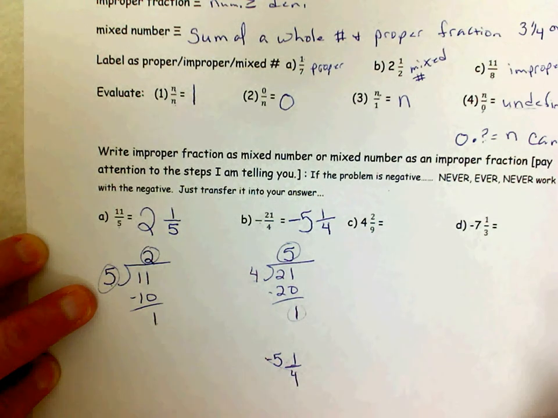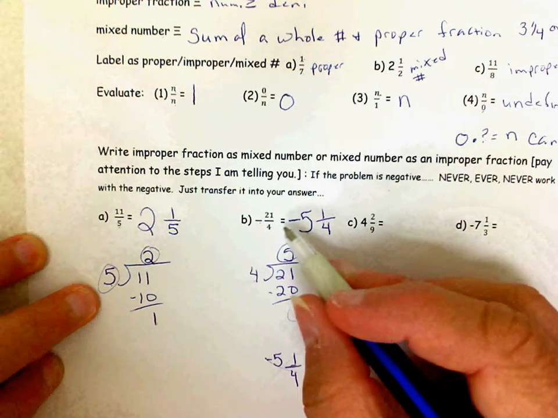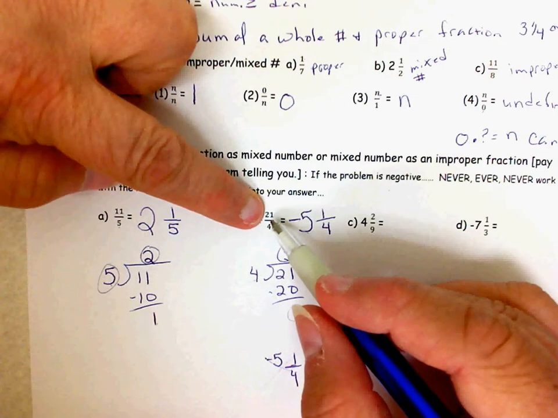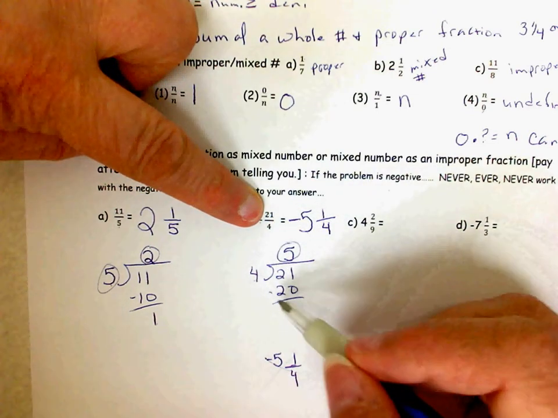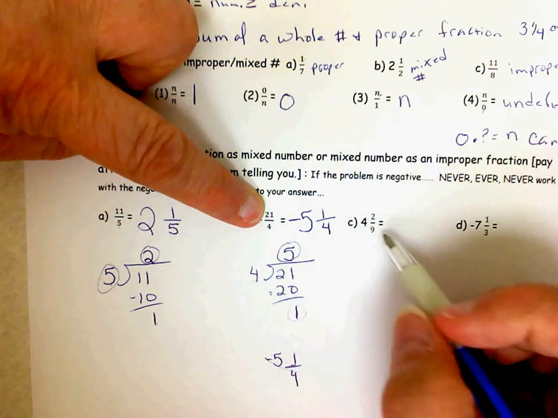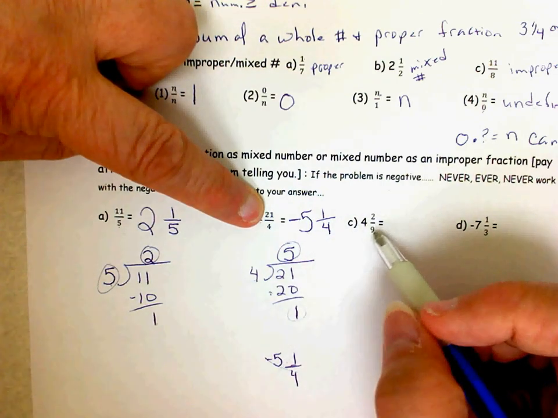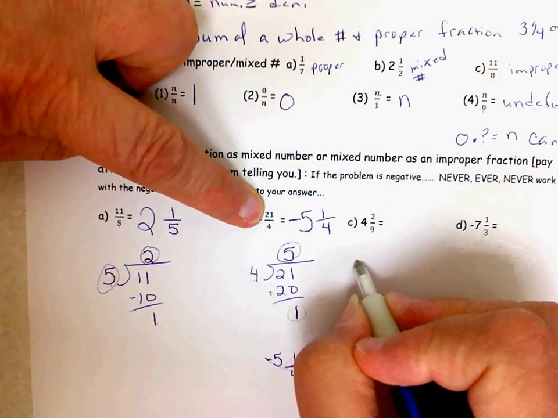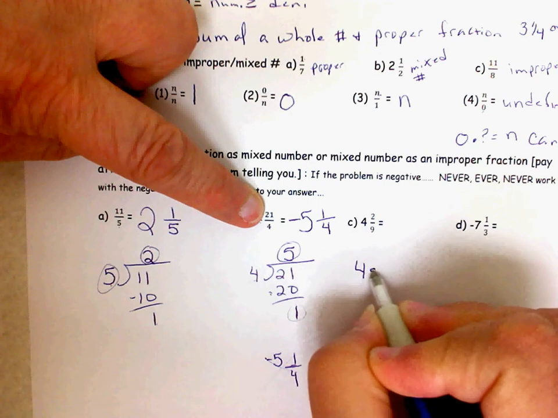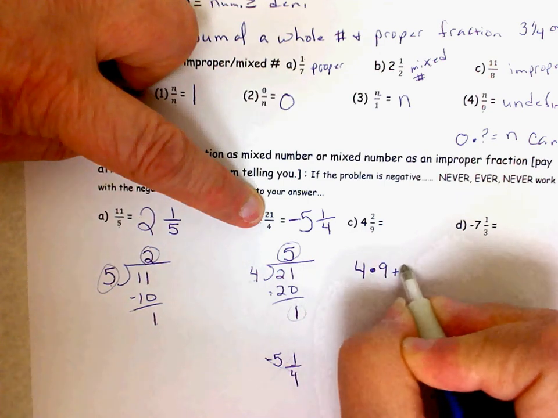Now, when we took an improper fraction and turned it into a mixed number, we ended up dividing and subtracting. Well, when we're going the opposite direction, guess what? We're going to multiply and we're going to add. So what I do is I take my whole number times my denominator, and then I add my numerator.